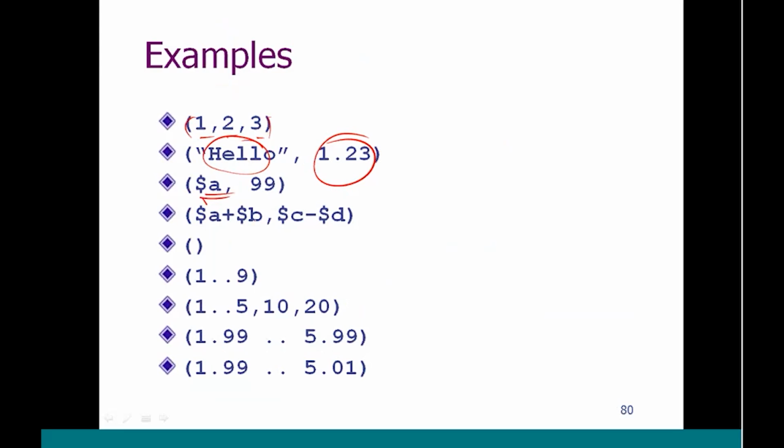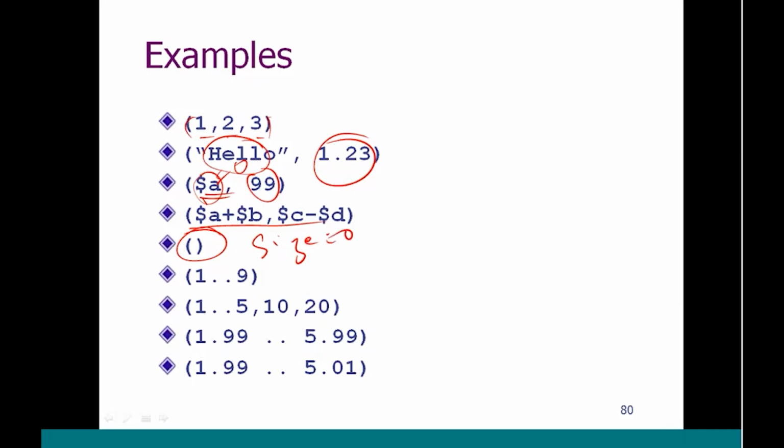If you define this, then $A becomes the first element and 99 becomes the second element. Otherwise this becomes an undef or 0 when any operations get performed. This one is just an arithmetic operator with an array.